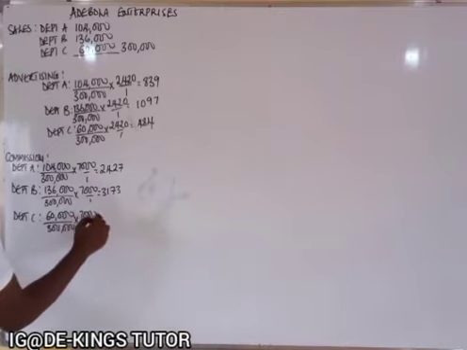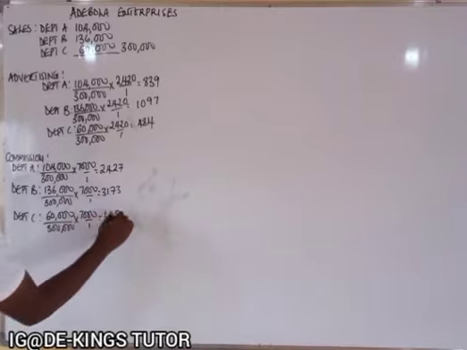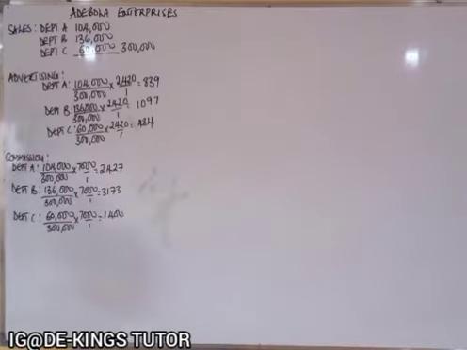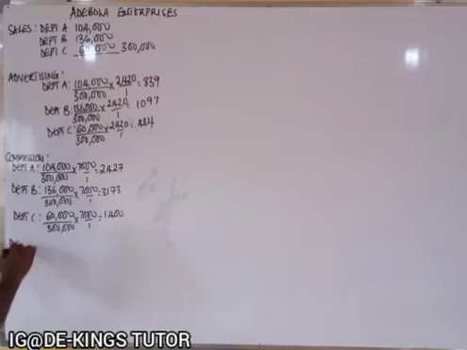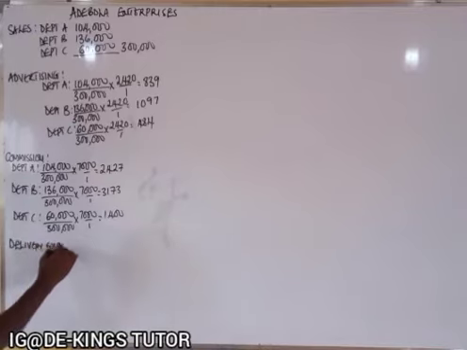If we do that, it will give us 1,400. That's for commission. Okay, now the next one is delivery expenses. So we'll have here delivery expenses.